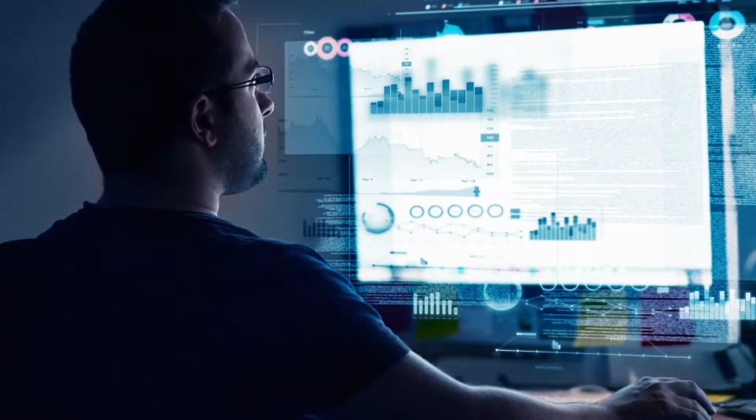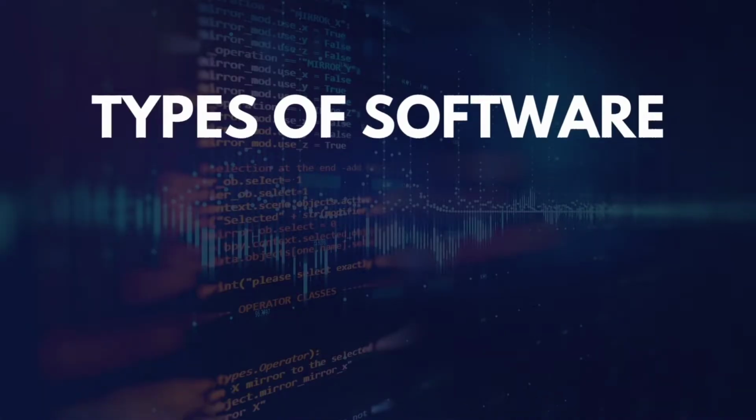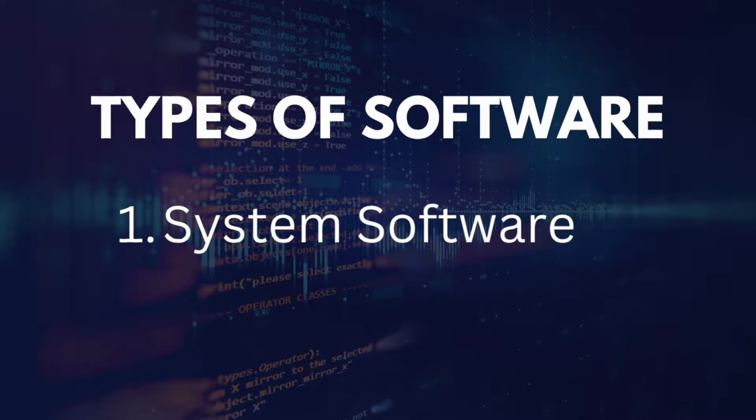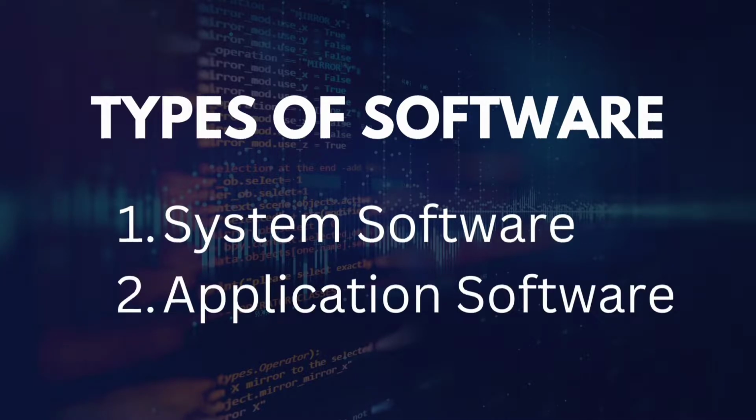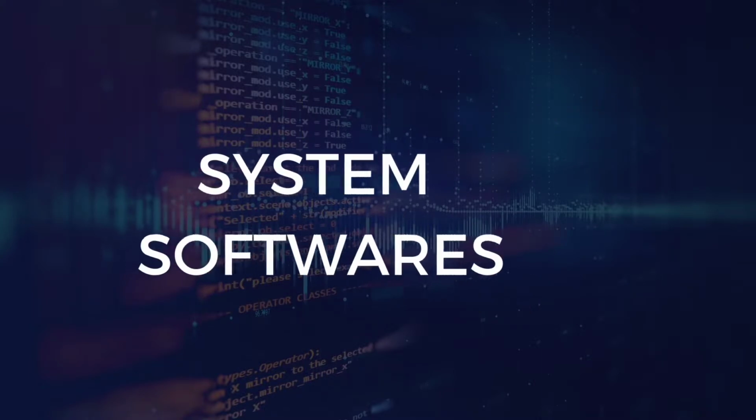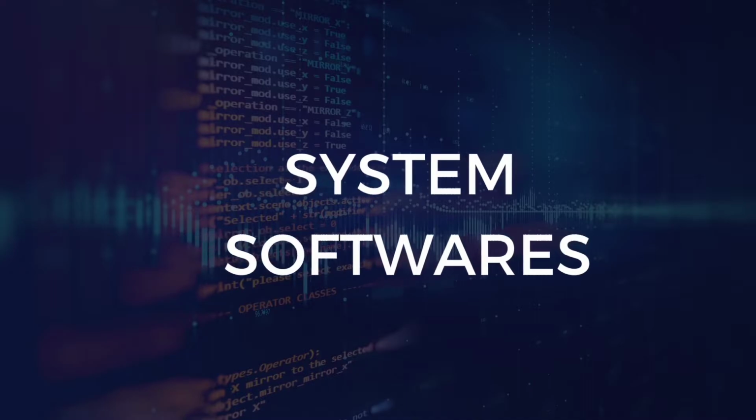Now that we've known the meaning of software, now let's talk about the types of software. There are two types of software. The first one is the system software, and the second is application software. Now, what is system software?